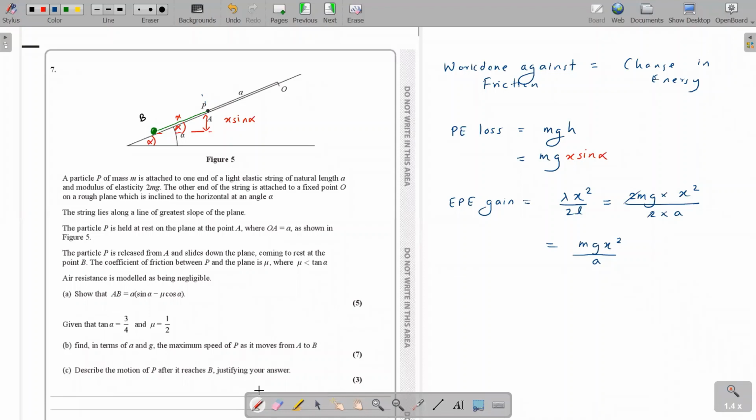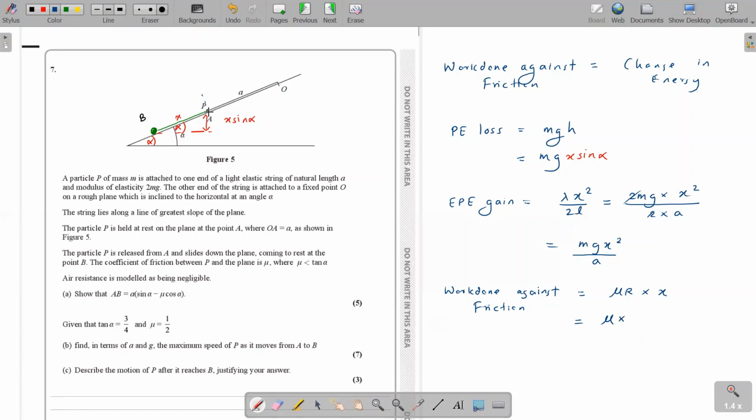Then we will find the work done against friction, which is force times distance. Here the force is the friction force, which is the maximum friction because we are moving. So mu R times distance AB, which is x. Mu is part of your answer, so we do not need to substitute anything into mu.